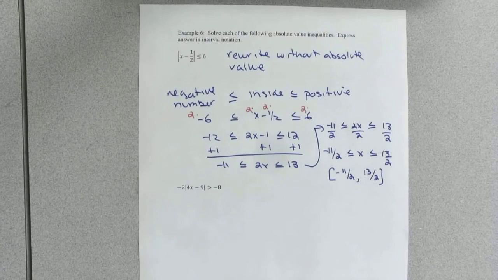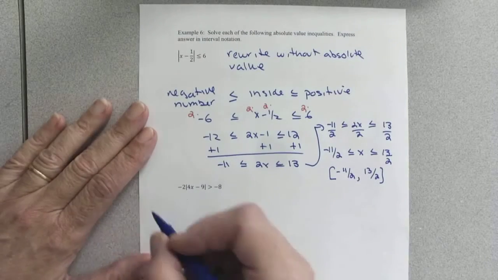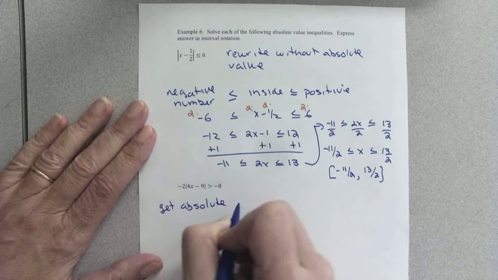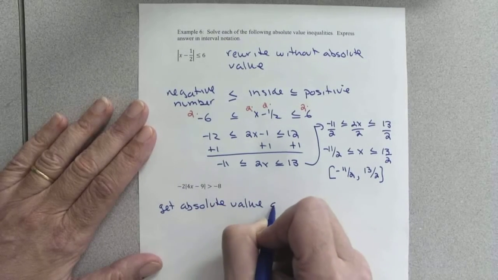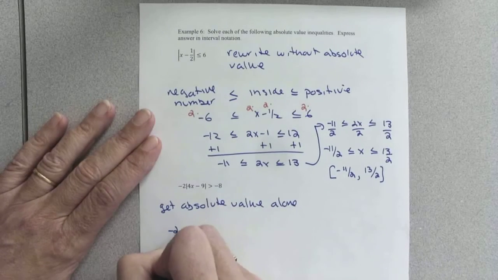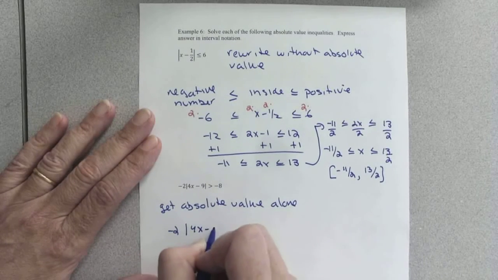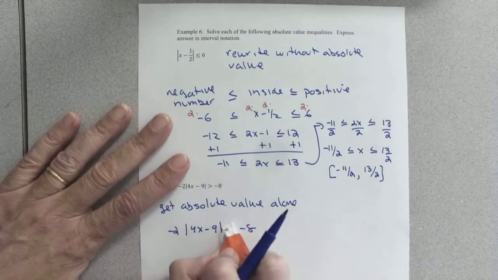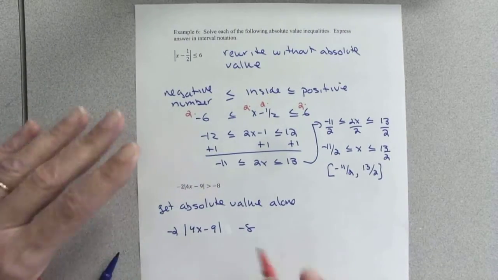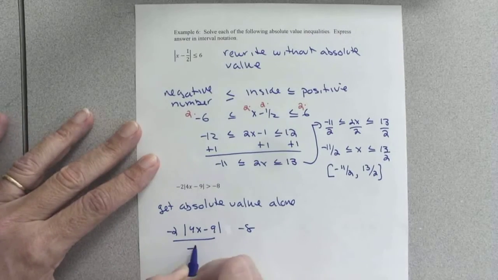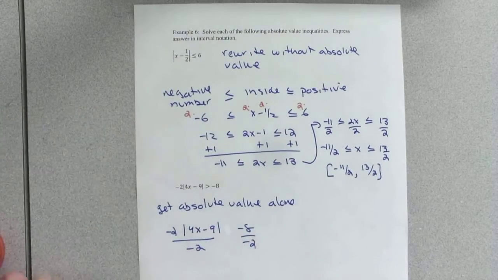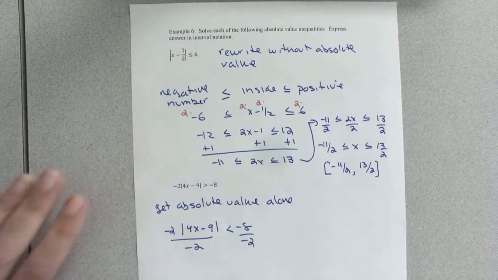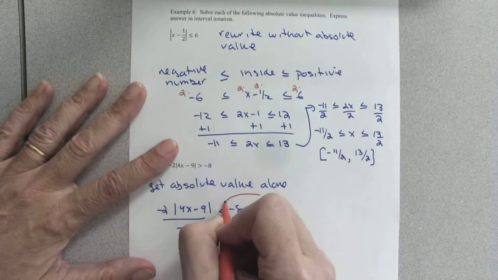Okay, next one. Get the absolute value alone. So in this case, I'm going to divide both sides by -2, and as always, when I have an inequality and I divide both sides by a negative, I reverse it.